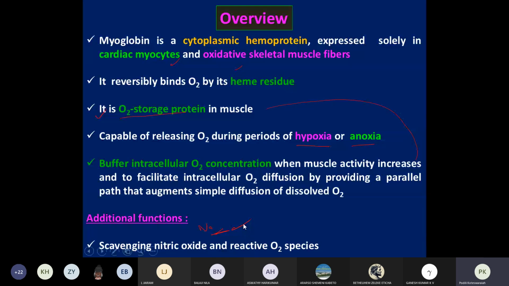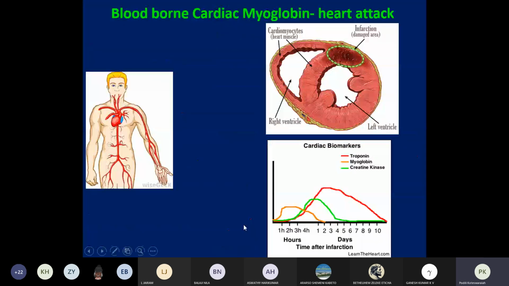You can see here the myoglobin that is present in the serum. Usually the myoglobin concentration is 20 to 80 nanograms per ml in serum. But when there is damage to the cardiac muscle, known as acute myocardial infarction, the myoglobin present in the muscle enters the circulation.